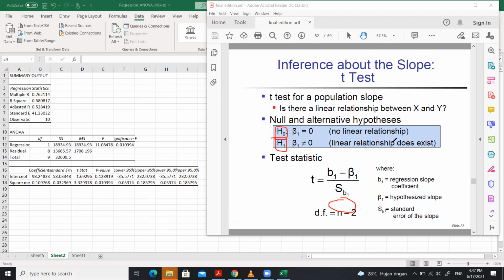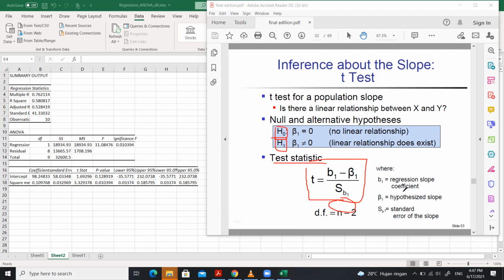Okay, and then what kind of test can we use? The t distribution, or t statistic, and then you can use this formula.